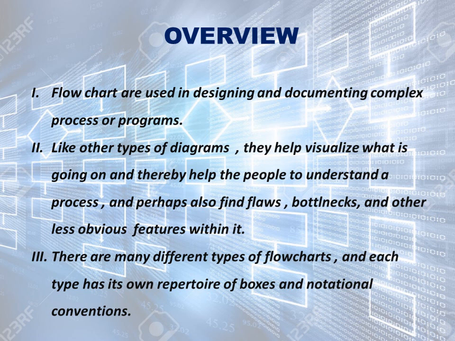So it is a diagram. Like other diagrams, from this diagram also we can recognize the meaning. There are many different types of flowchart and each type has its own set of boxes and notational conventions. So when you are going to design a flowchart, we have to use the notations and symbols which have a standard meaning.